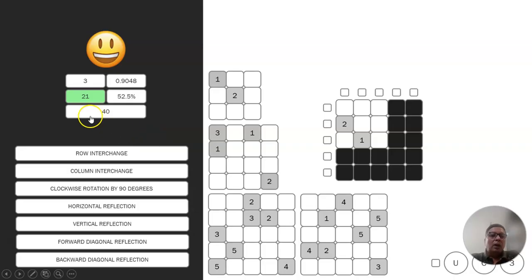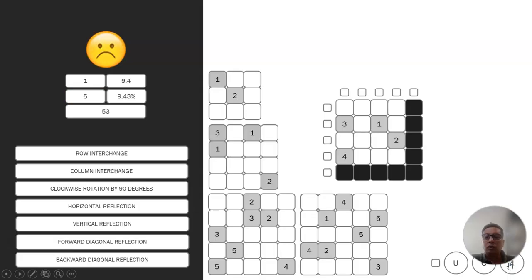I have played it for 40 times, and among them 21 times I could get a critical set. So the probability of getting a critical set for order 3 is 52.5%, and my current waiting time to get a critical set is 3 for order 3 Latin square, and the average waiting time is 0.9, which is below 1.